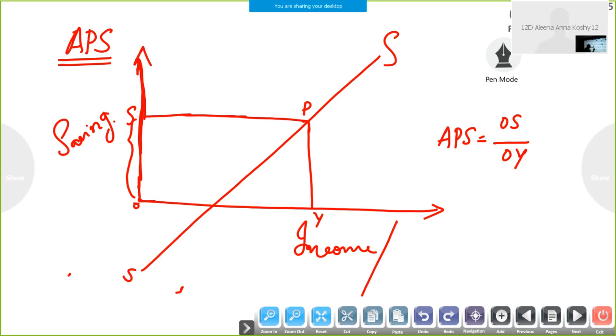Suppose level of income is 500 and saving is 200. We just substitute 200 by 500, that is 2 by 5. What is the answer? 0.4, right?